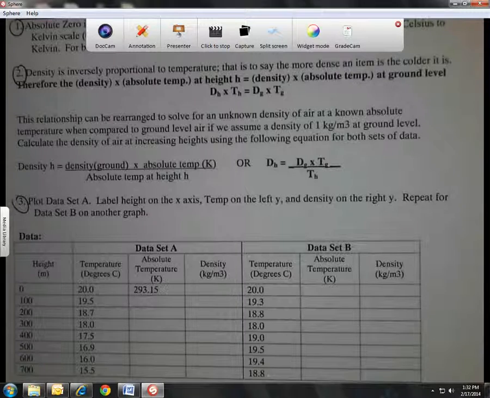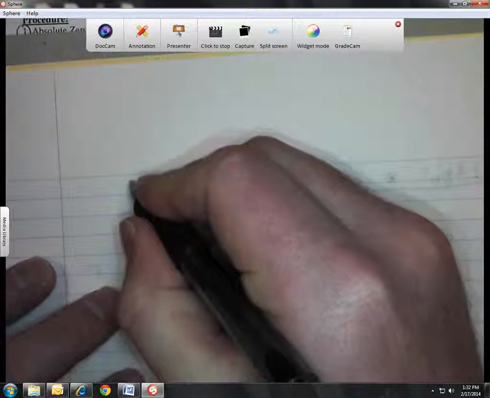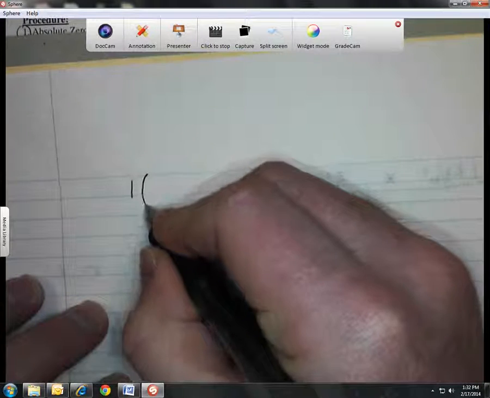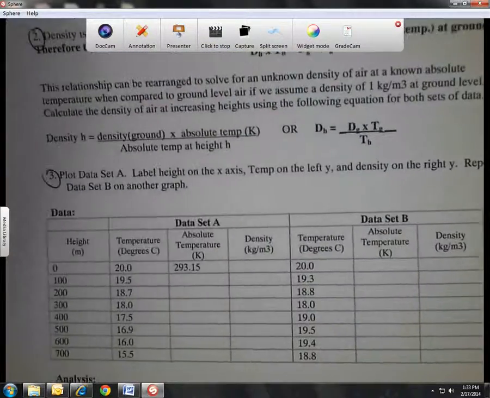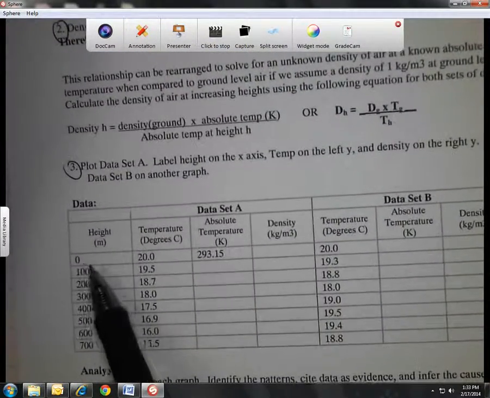It tells us that our density at ground level is 1. We're going to multiply that times our temperature at ground level, and for the first part we're at 0 height, so we're at ground level, so our temperature at ground level is 293.15.